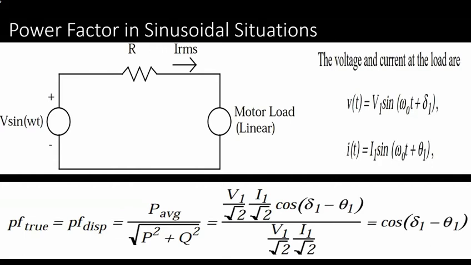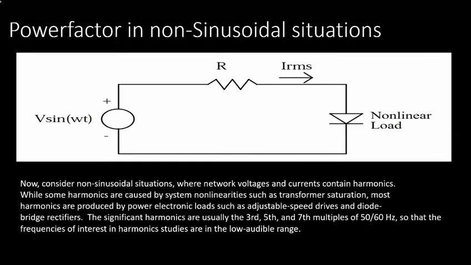I think all of you would have come across this a number of times, even from your high school days. Now we move on to look at how power factor becomes a little bit different under non-sinusoidal conditions or in a non-linear load. So considering non-sinusoidal situations where network voltages and currents can also contain harmonics.